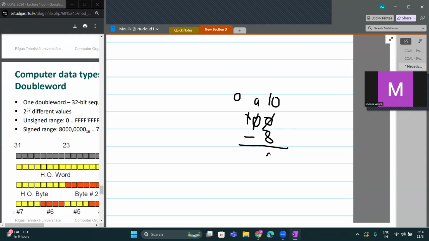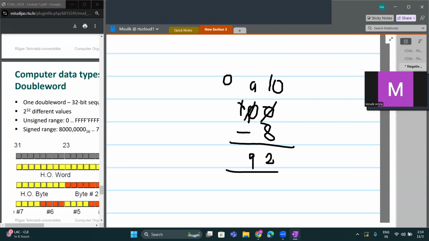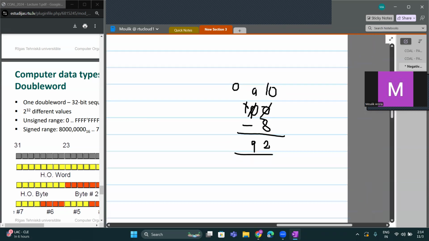So 10 minus 8 is 2, and 9. So 100 minus 8 is 92. We took 1 from here, then it had just 9 left, and it also borrowed 1 from 0.